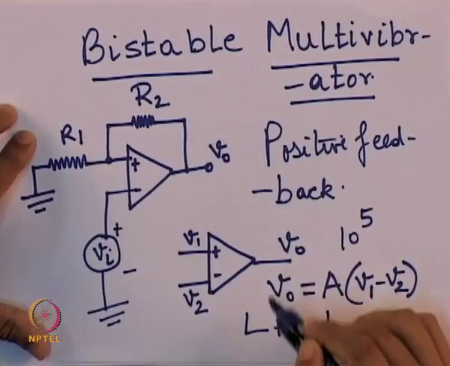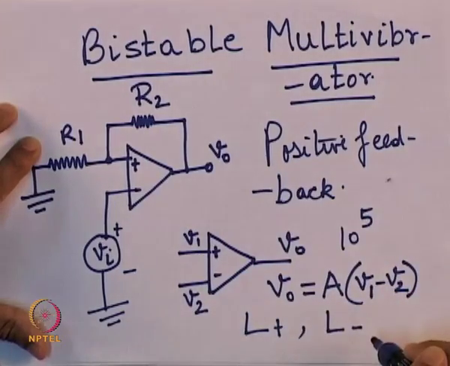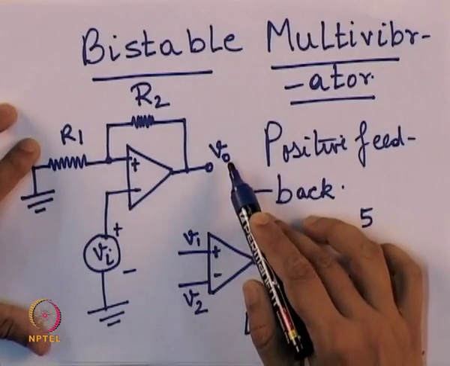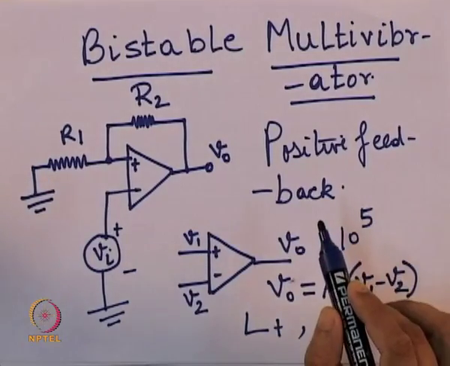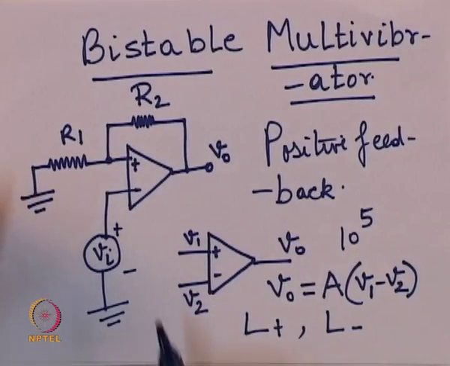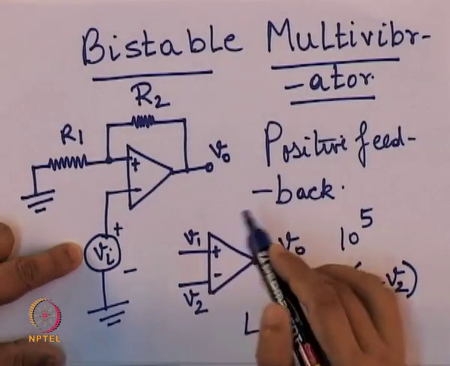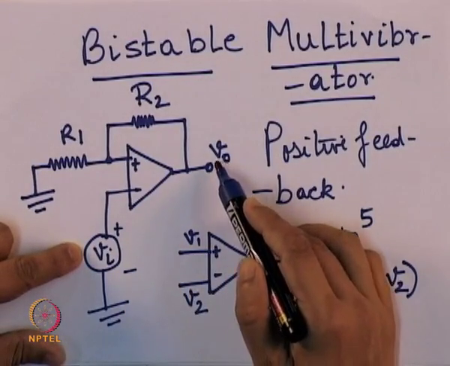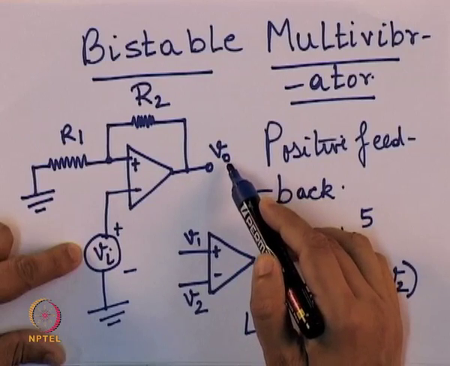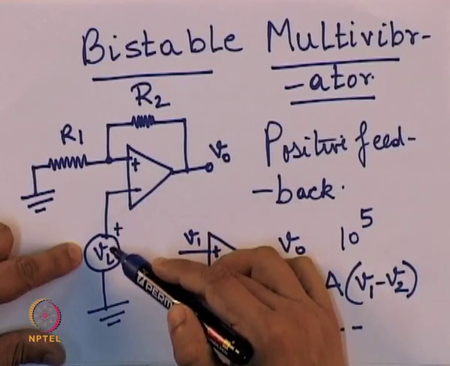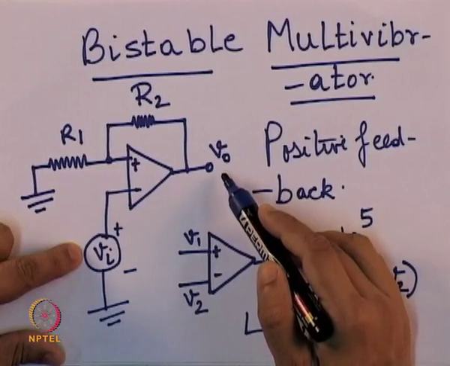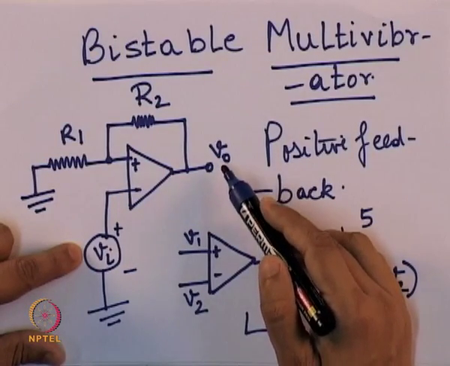So, L plus corresponds to one state, and L minus voltage at the output corresponds to another state. If I change my Vi, then as we shall see, suppose my output voltage is L plus, by changing this Vi suitably, we can bring about a change in Vo.